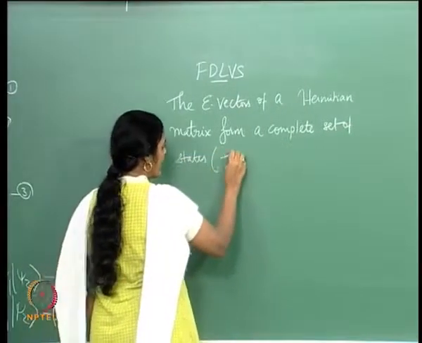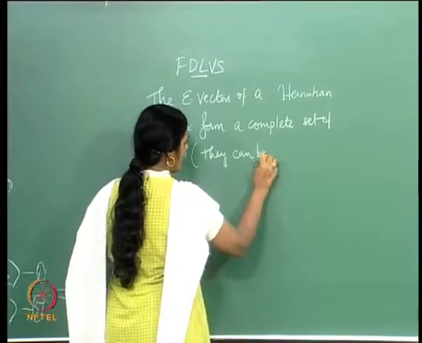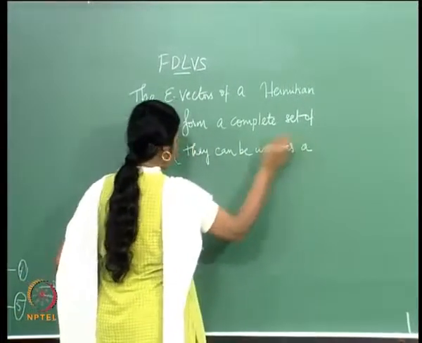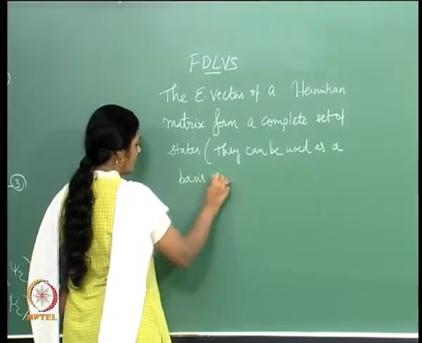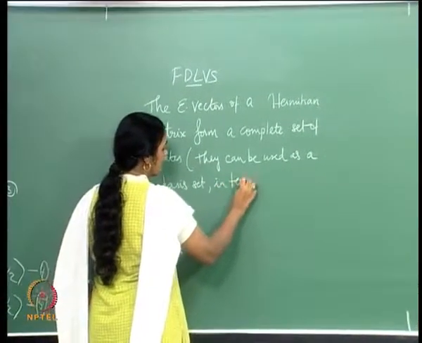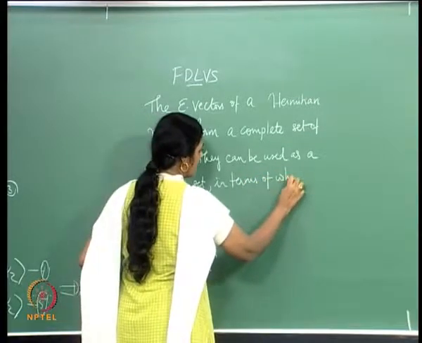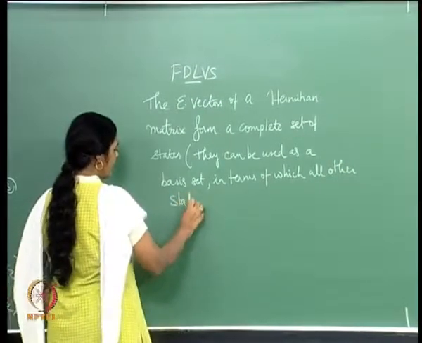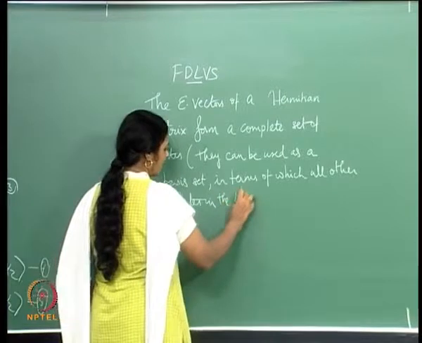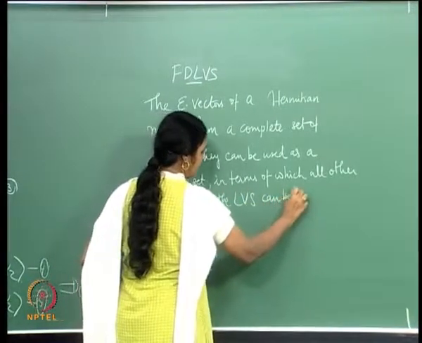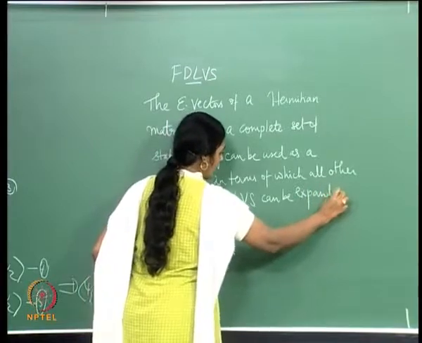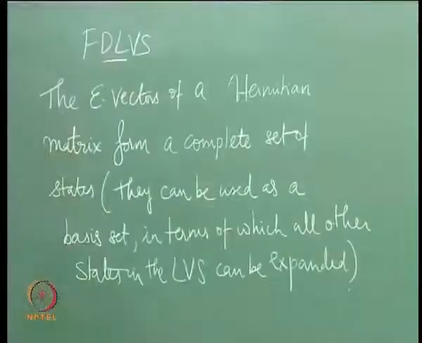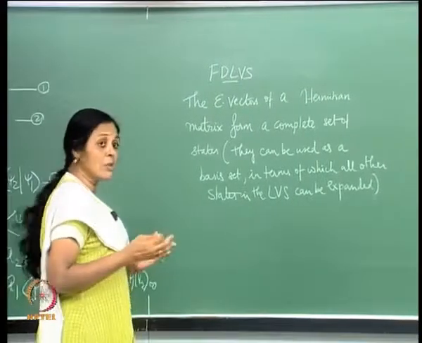In other words, they can be used as a basis set in terms of which all other states in the linear vector space can be expanded. So, basically I need to show that the eigenvectors of a Hermitian matrix span the entire linear vector space. They form a complete set.